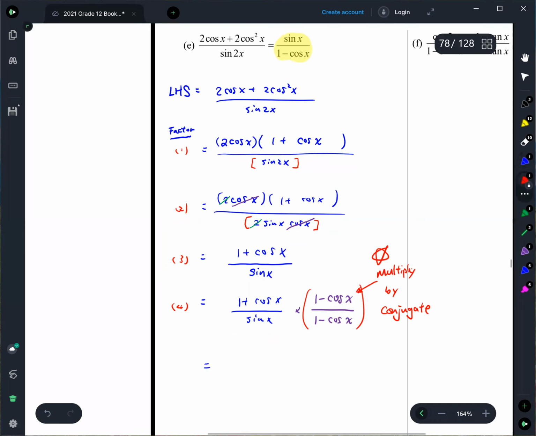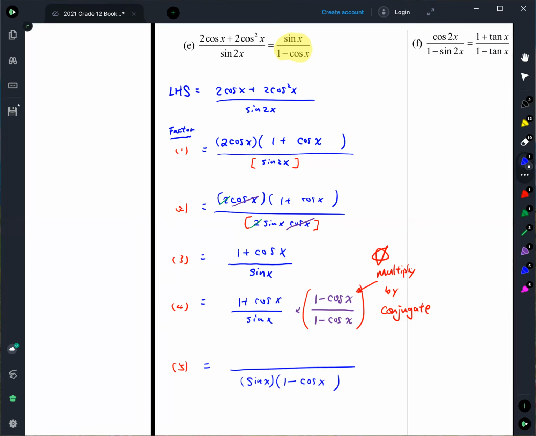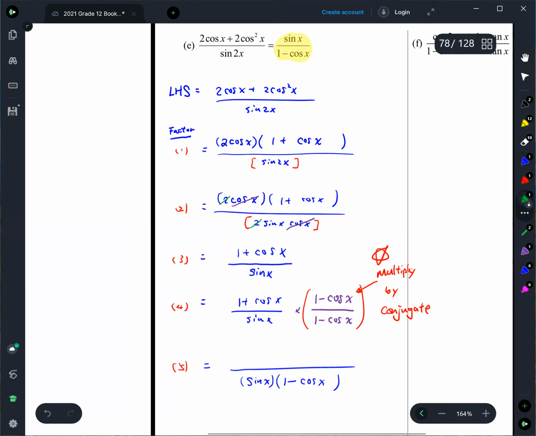So it looks like we need step 5. Number 5, the numerator, the denominator, we'll keep it there. We don't want to expand it because we want to still keep the 1 minus cosine x. Do not multiply in the sine x. For the numerator, we have a conjugate. 1 plus cosine times 1 minus cosine. So if you apply the formula, please write down what it becomes after you multiply the numerator together.